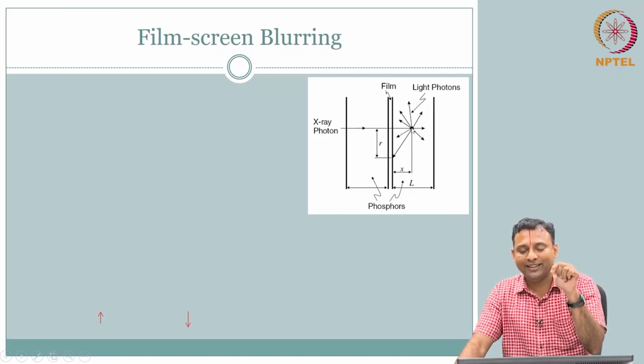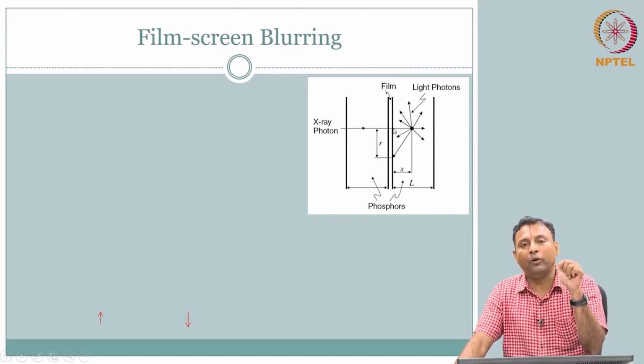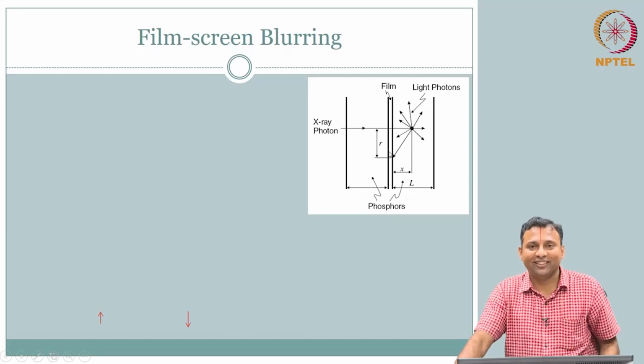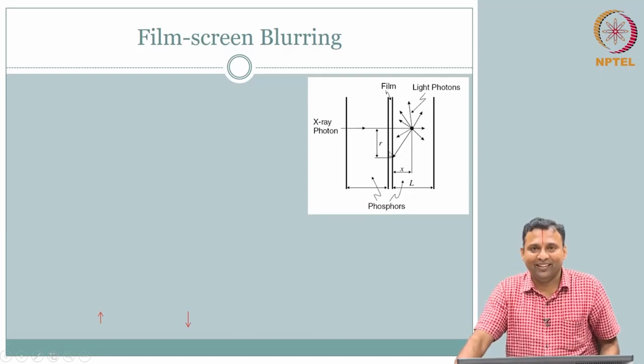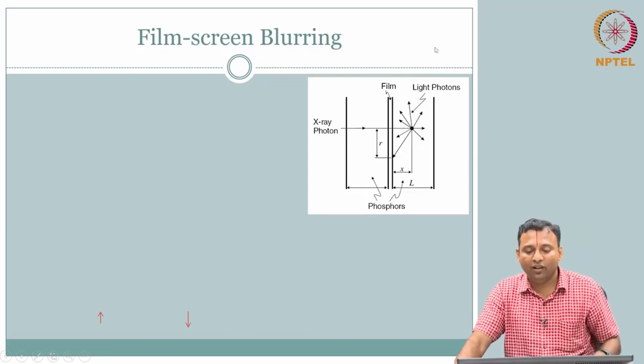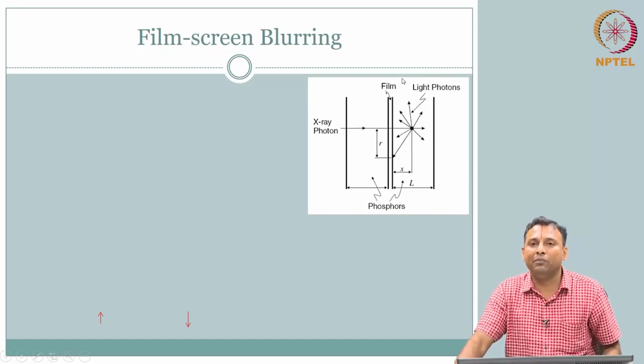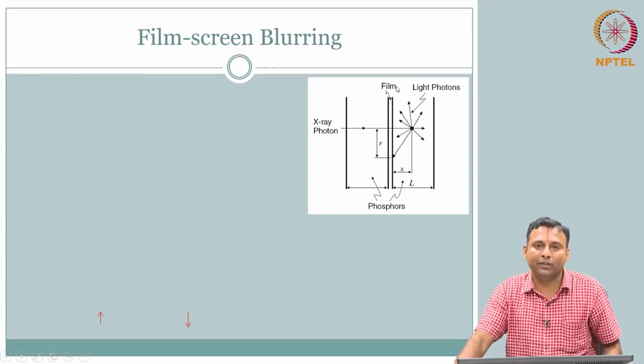That point is now spread on the film. One point is not going to be the point alone, it is going to be spread out. So you have a point spread function, right? If I have a point spread function of this film screen subsystem, how can I incorporate that into my imaging equation?